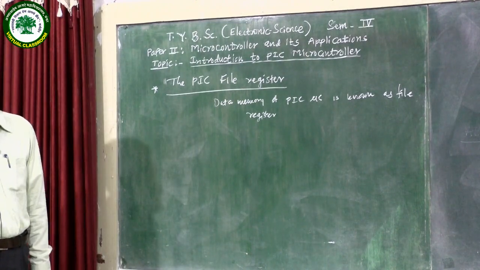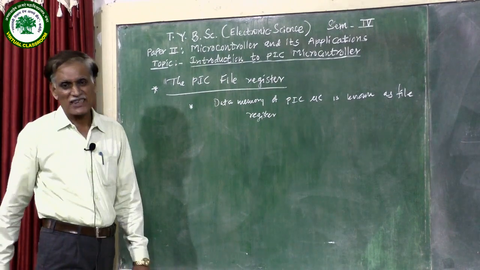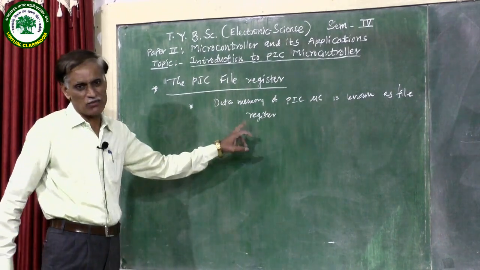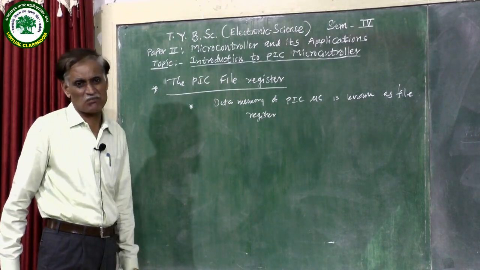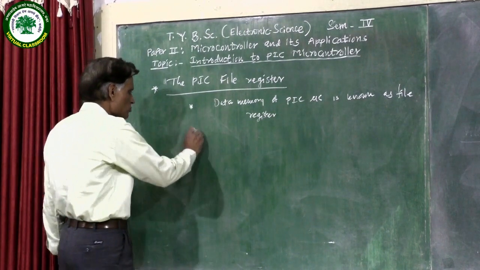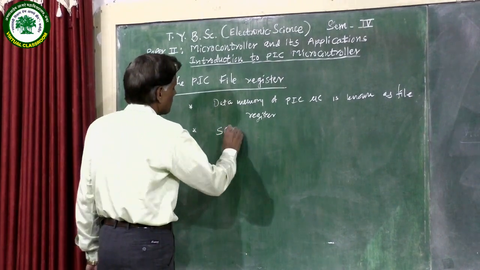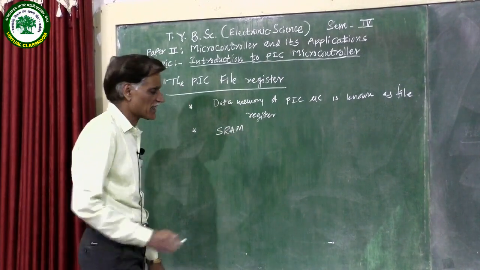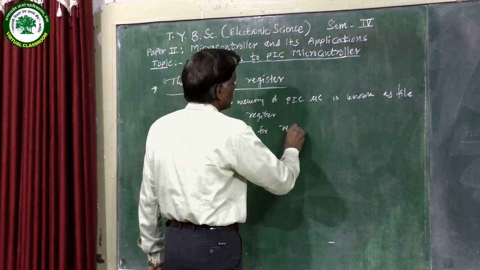As far as the PIC18 family is concerned, the maximum data memory available is 4096 bytes. It is also known as static RAM, actually it is an SRAM, for read-write operations.